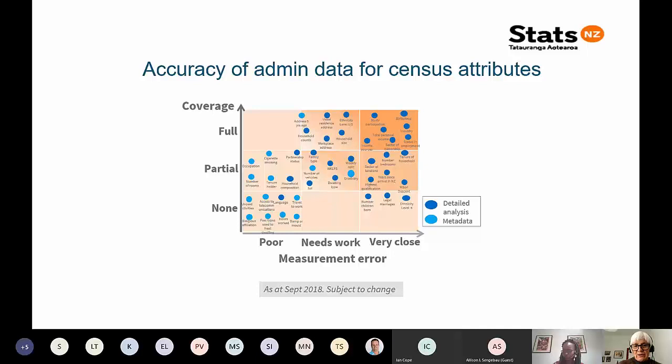And perhaps the key message from this is that there's just a huge variation from, on the bottom left-hand side, almost nothing useful available from administrative data, to variables on the top right like birthplace or industry, where the administrative data's got excellent coverage and the measurement is really close to where you want it. So you might have a picture like that, and then you need to think about your statistical purpose.